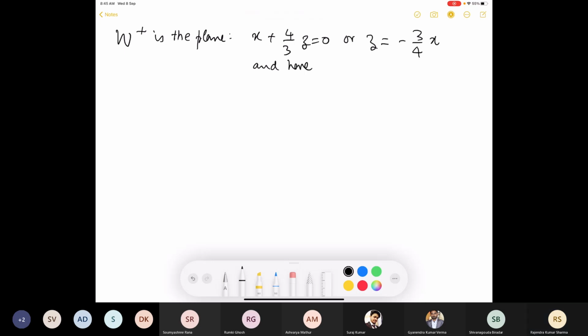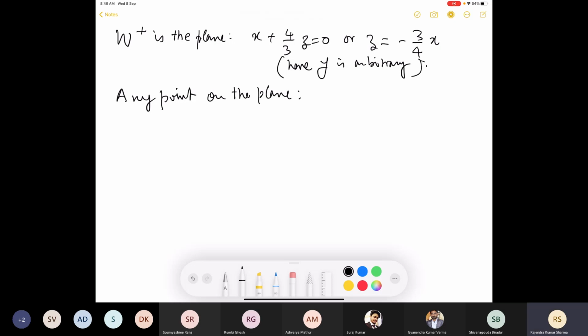And here y is arbitrary. Okay. So any point on the plane is of the form (x, y, minus 3 by 4 x).